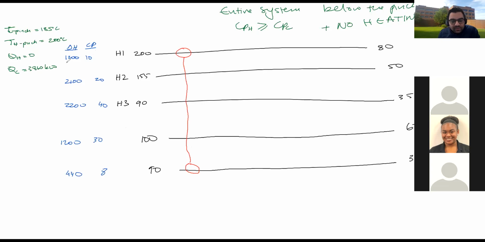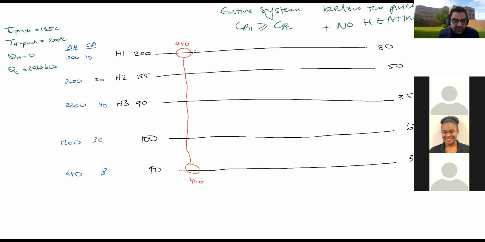So H1 has 1200 kilowatts to give. C2 needs 440 only. So I'm only going to transfer 440 kilowatts. And this way C2 is done. It met all its energy needs, so I don't need to connect anything else to it.